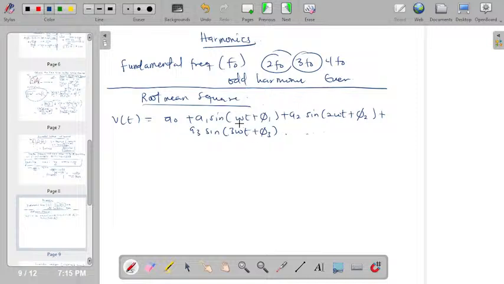You can see that here we have a frequency of omega t, here a frequency of 2 omega t, and this side a frequency of 3 omega t. So we cannot combine them.